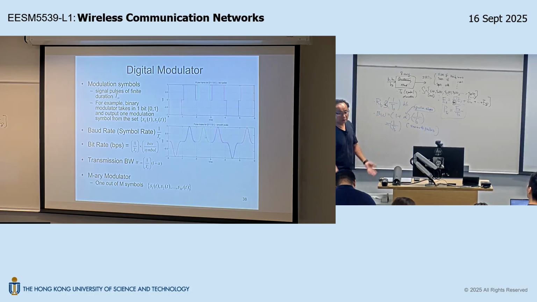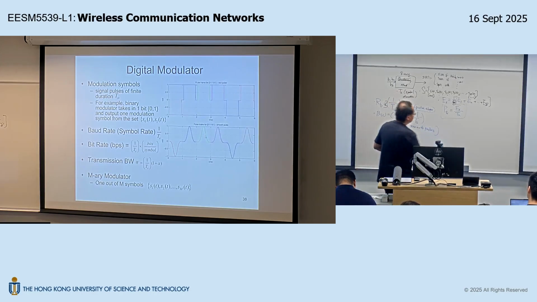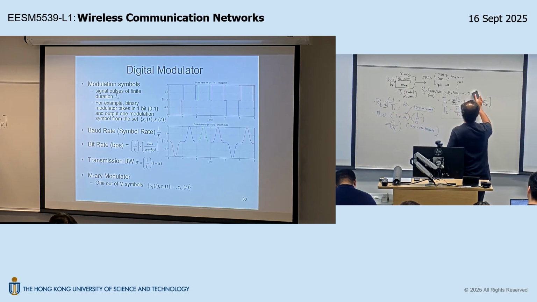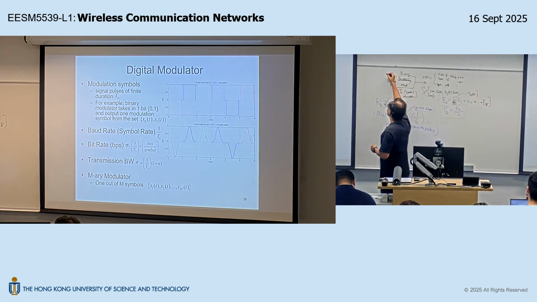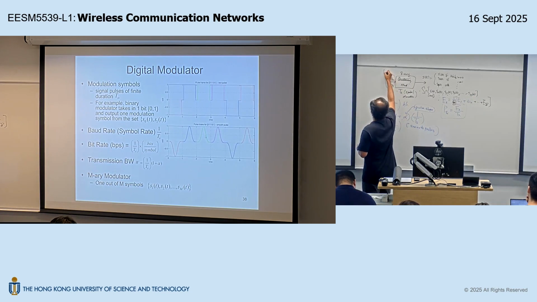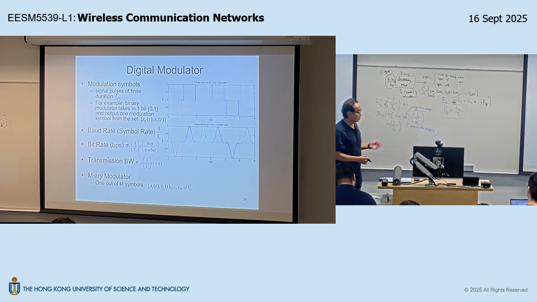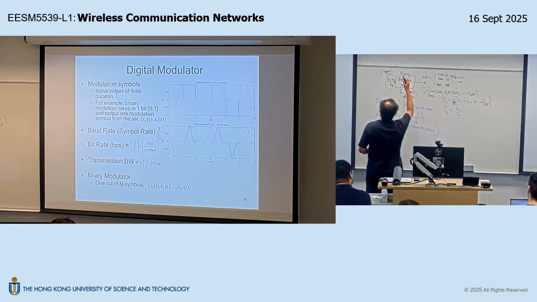And if you learn the trick, I don't need to restrict to 3 bits at one time, right? I can continue the logic. In general, if I have M signal members in my signal set, then I can take in log to the base 2 of M bits at the input. Is that okay? So in general, that will be called an M-ary modulator.